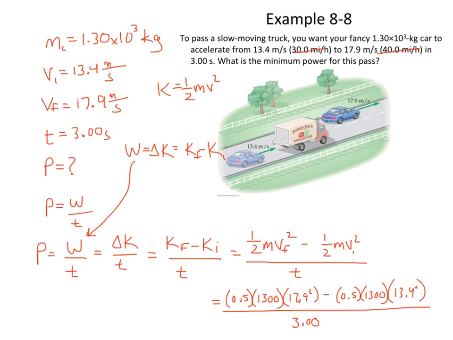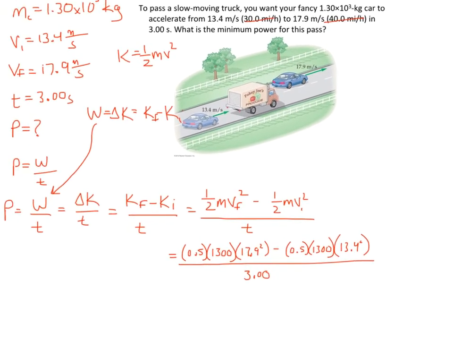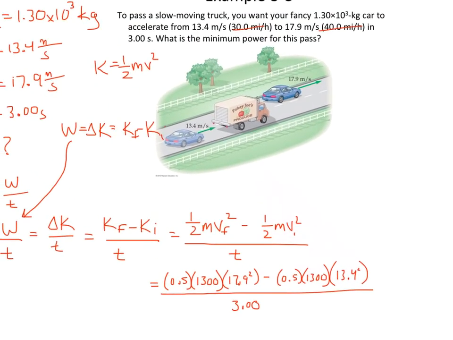I'm still going to have to shrink that down a little bit for a little more space. This is for our final answer, however. I'm going to bring this back down here.